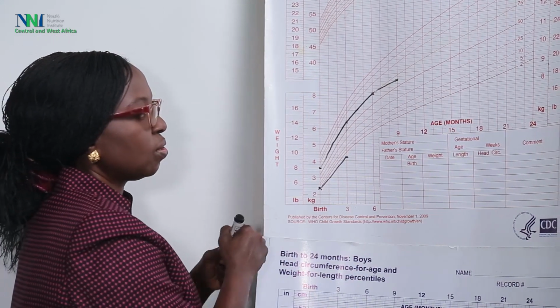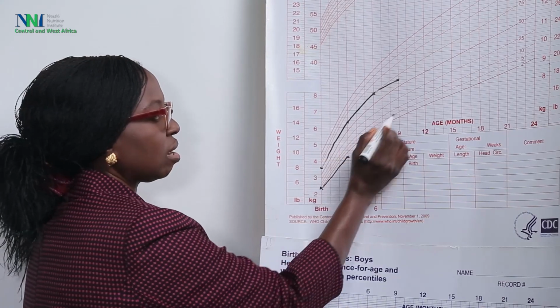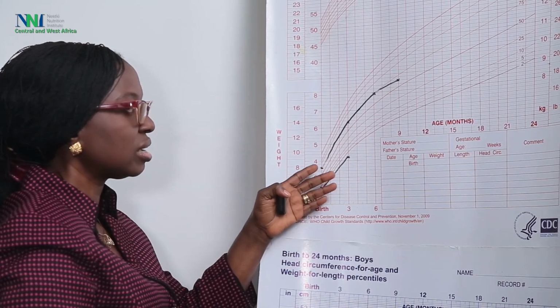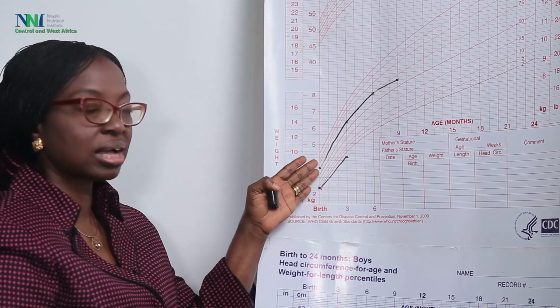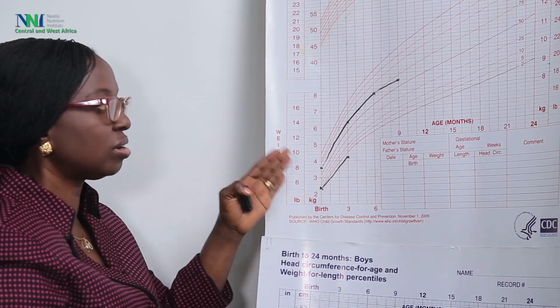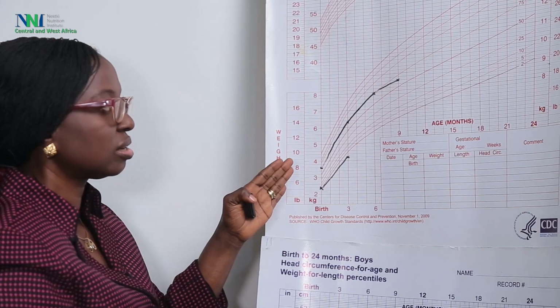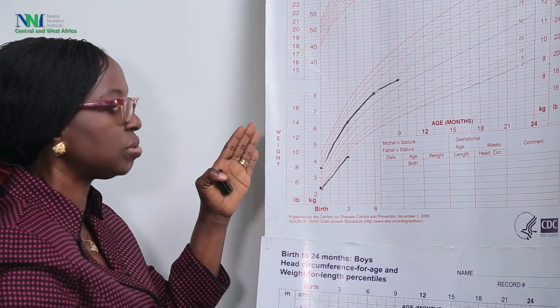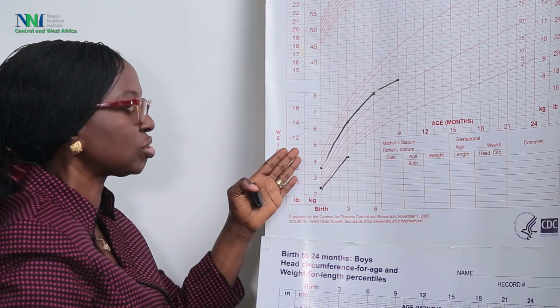You will notice that this line is below the second percentile, and that means that this child's weight is outside the normal chart. That child is underweight, and there has to be an urgent intervention because it's not thriving well.